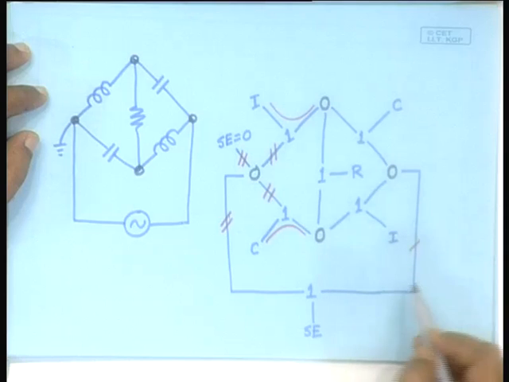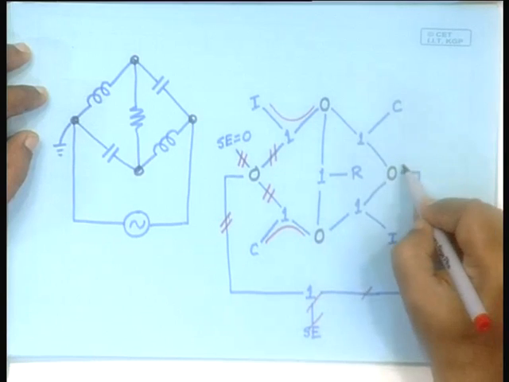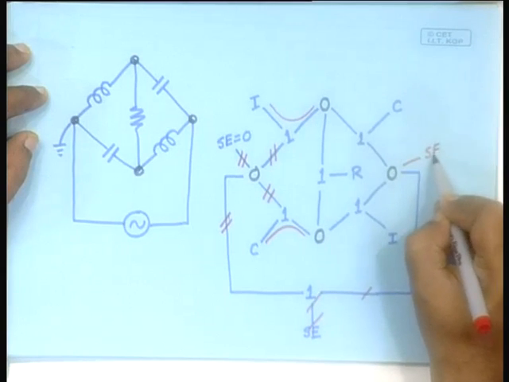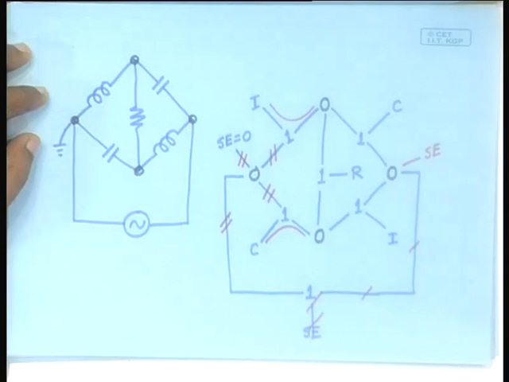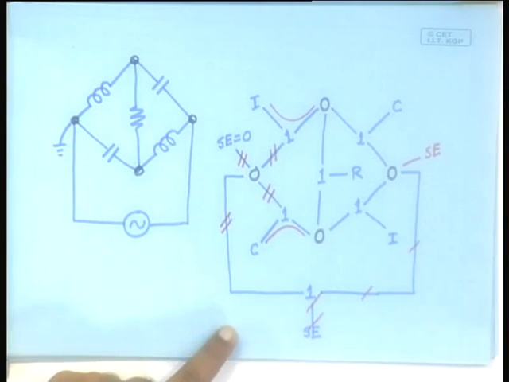So, all these will go, and we can say here is an SE element connected. Can there be any further reduction? No. Okay.